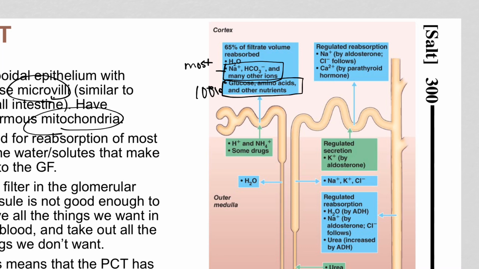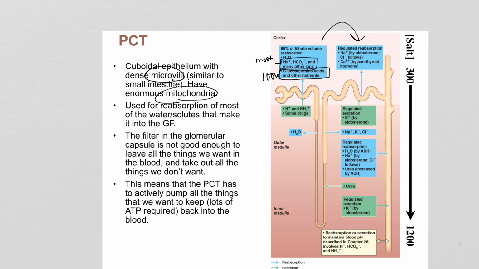You can't store sodium and bicarb, and so that's going to be some fine-tuning later on over in the DCT to control the precise amount that's in the urine and the precise amount that's back in blood. Okay? So this is mostly take the bulk of your water back to concentrate wastes, and then, at the same time, make sure that you get nutrients back that have calories in so they can be stored somewhere.